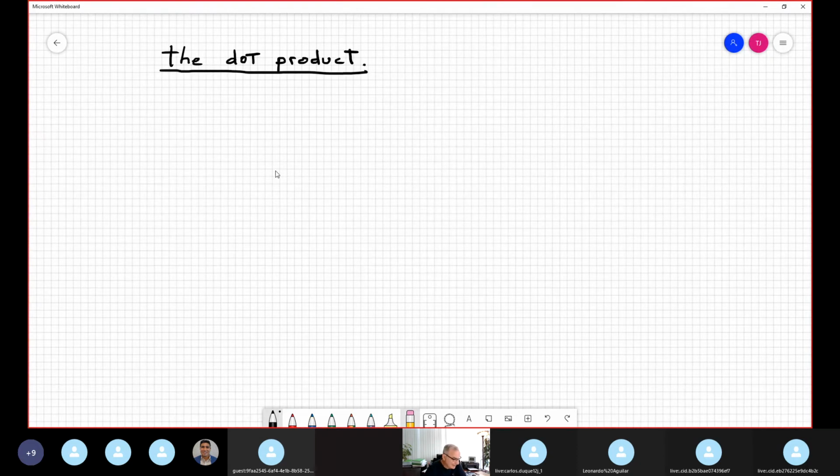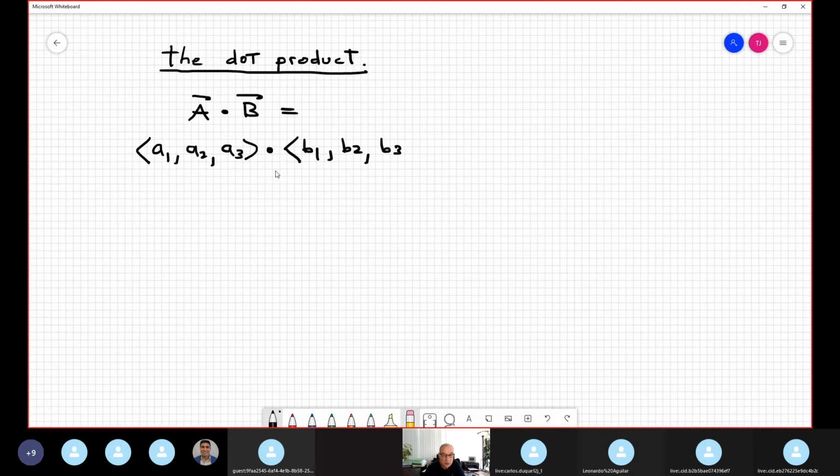Okay, dot product. You have the vector A, dot product, you put a little bold dot, B. What is the definition of the dot product? Suppose the vector A has components A1, A2, A3, and the vector B has components B1, B2, B3.